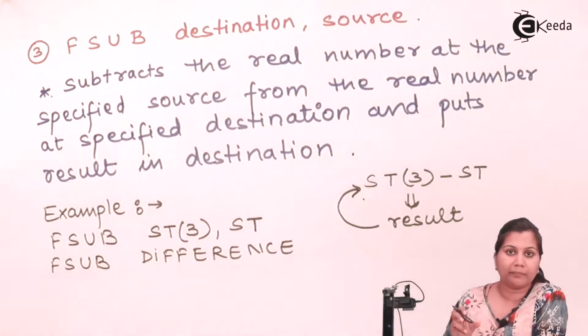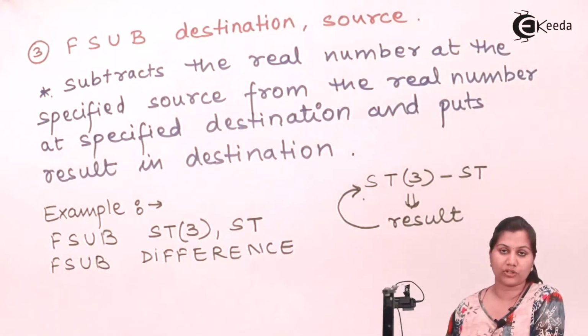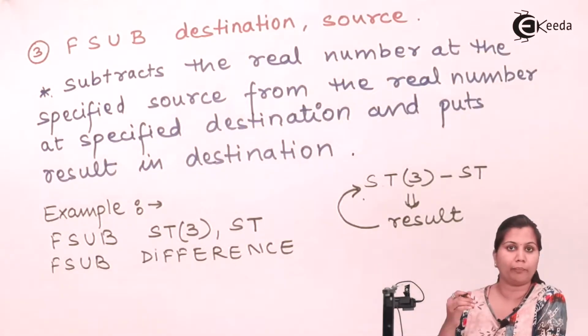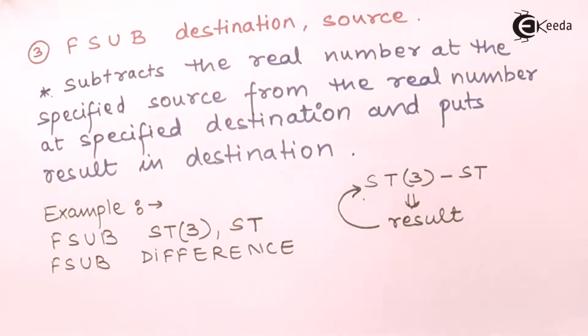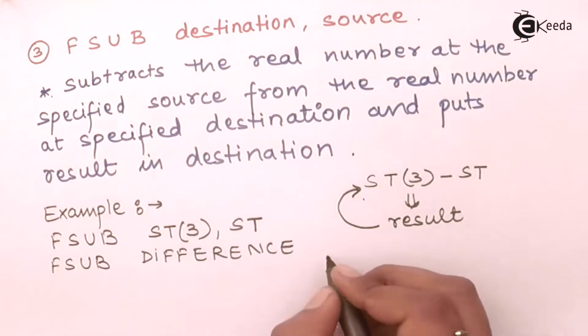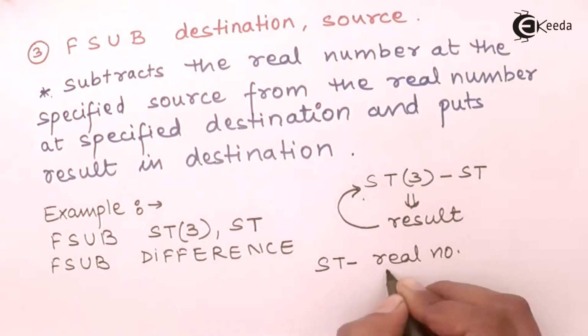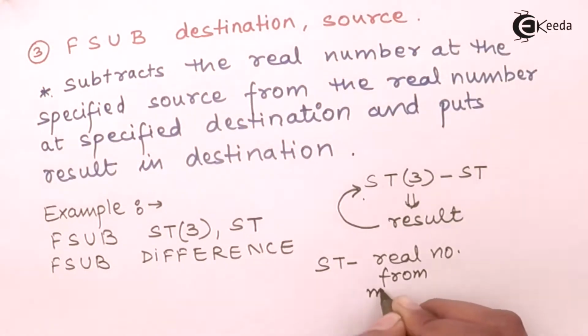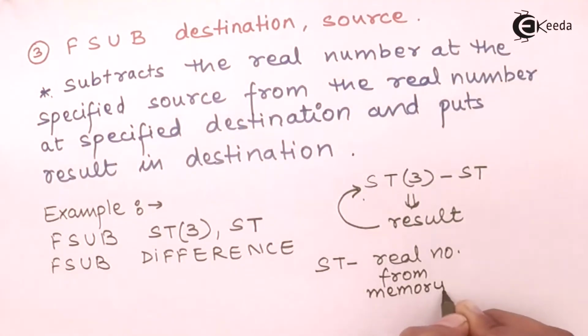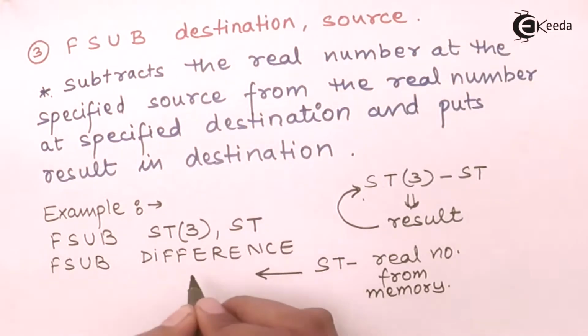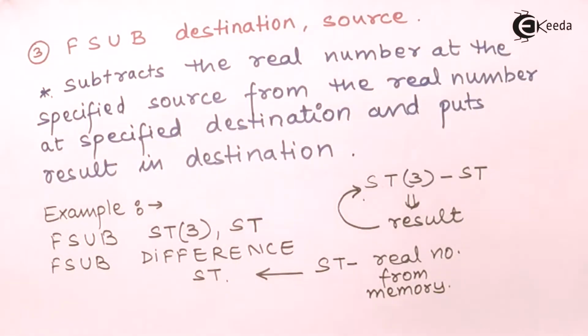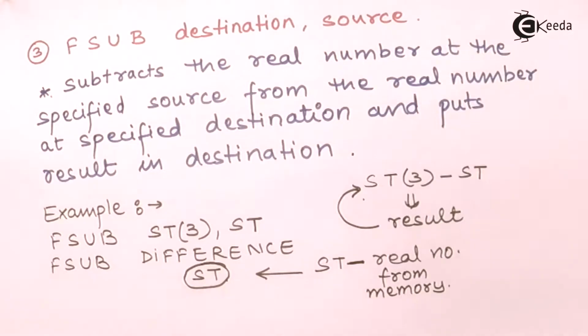So the real number which is stored at that memory location will be subtracted from the top of the stack and the result is stored in the top of the stack ST. So the real number from memory is subtracted from ST and the result is stored in ST, the top of the stack.